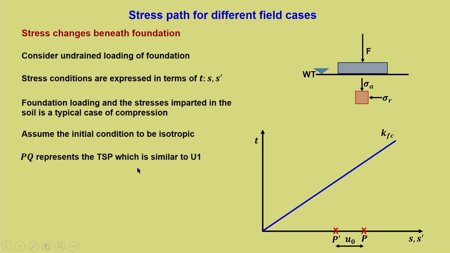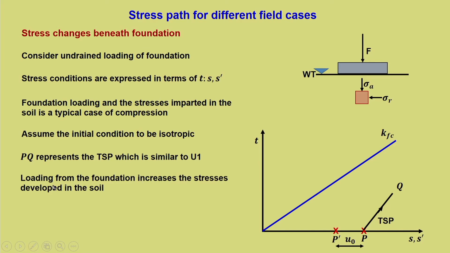PQ represents the total stress path, which is similar to U1. U1 we have already discussed previously. So, PQ is the total stress path, and this loading from the foundation increases the stresses developed in the soil.